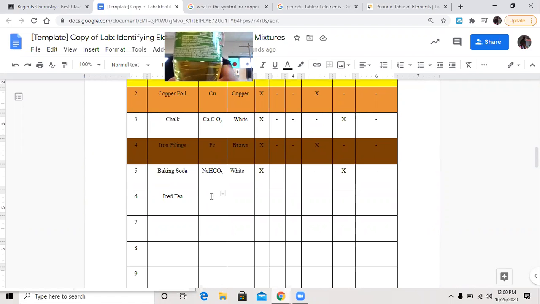This one has water, high fructose corn syrup, citric acid, natural flavoring. There's a lot of stuff on the back. I'm not going to be able to zoom in on that too well, but there's a lot of them in there. So this one is going to be not available. I'm not going to put all those down there. Color, I'm going yellow.